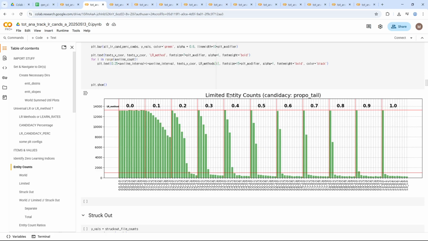Here, the number of entities that actually end up being limited by the population limit function goes down as the learn rate goes up, or rather as the effective impact of learning gets bigger.